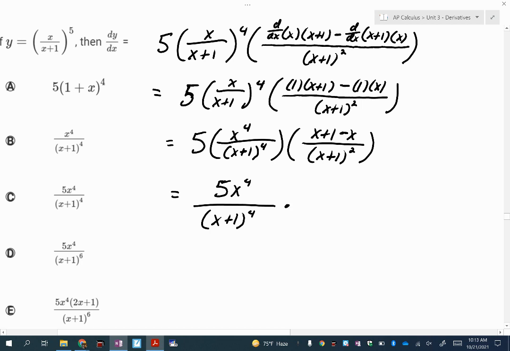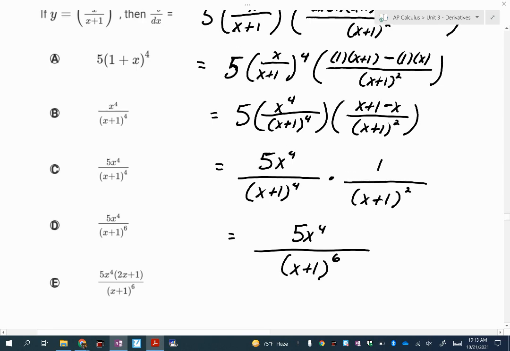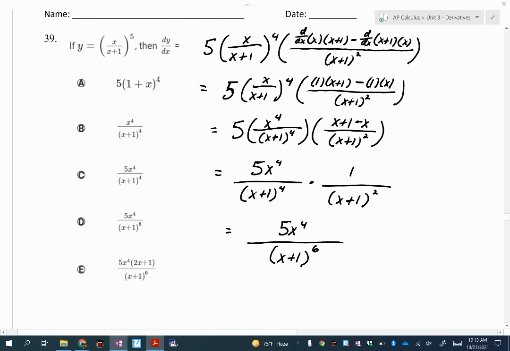And then x plus 1 minus x is just 1 over x plus 1 squared. So if I multiply straight across, I'll get 5x to the 4th power over, now watch this, they have the same base, x plus 1. So I'm going to do x plus 1, and there's now 6 of them. So that's going to tell me that the answer for 39 is D.